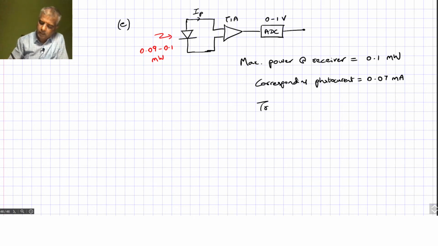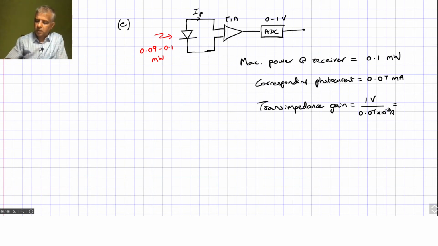So the transimpedance gain that we require in this case is going to be 1 volt divided by 0.07 times 10 power minus 3 amperes.